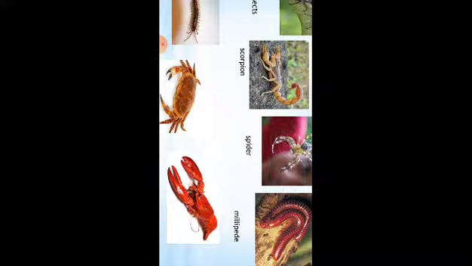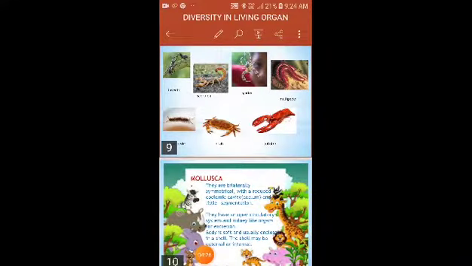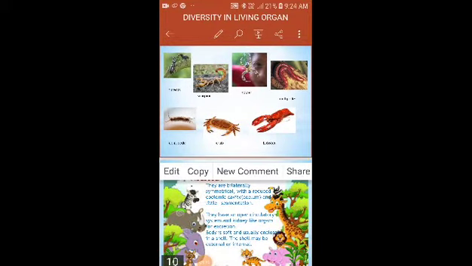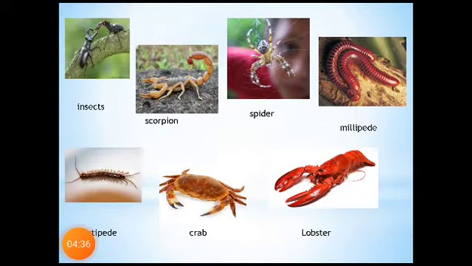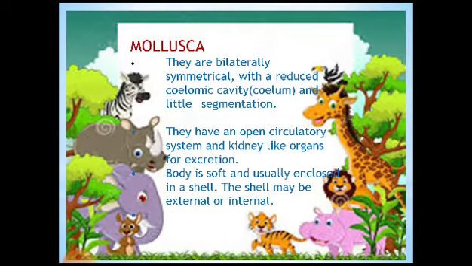You can see here all these organisms: the insects, the scorpion, spider, millipede, centipede, crab and the lobster.